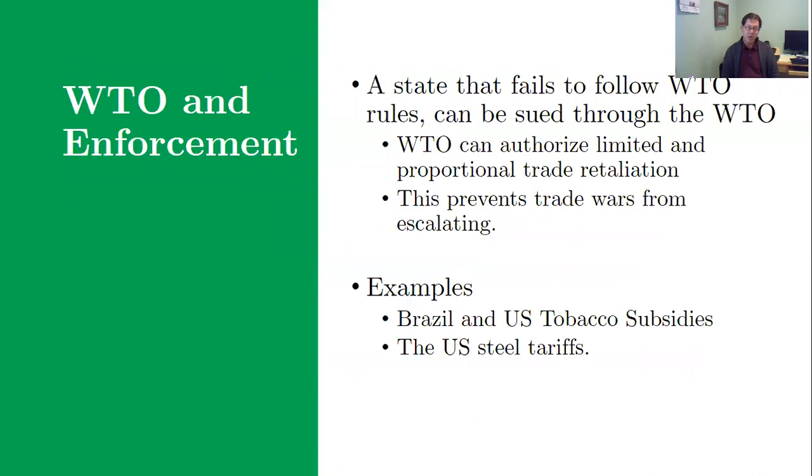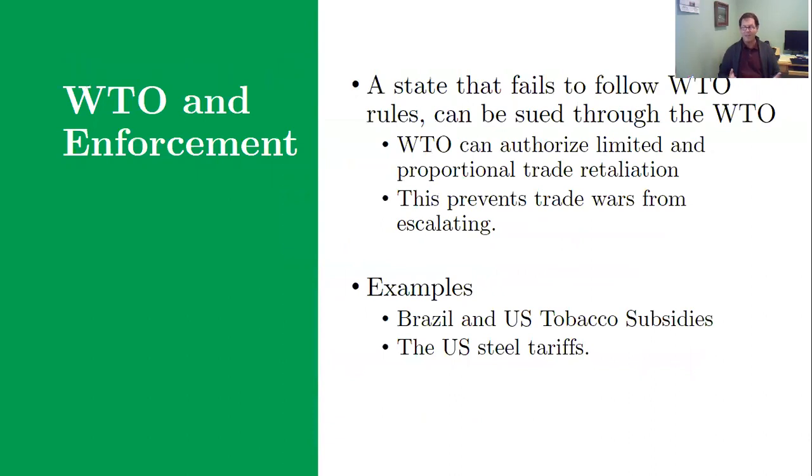One last piece that I should talk about is how enforcement works within the World Trade Organization, right? There's rules in place that say you're supposed to have trade barriers at a certain level. What happens if states raise trade barriers and increase tariffs or subsidies in a way that distorts trade?